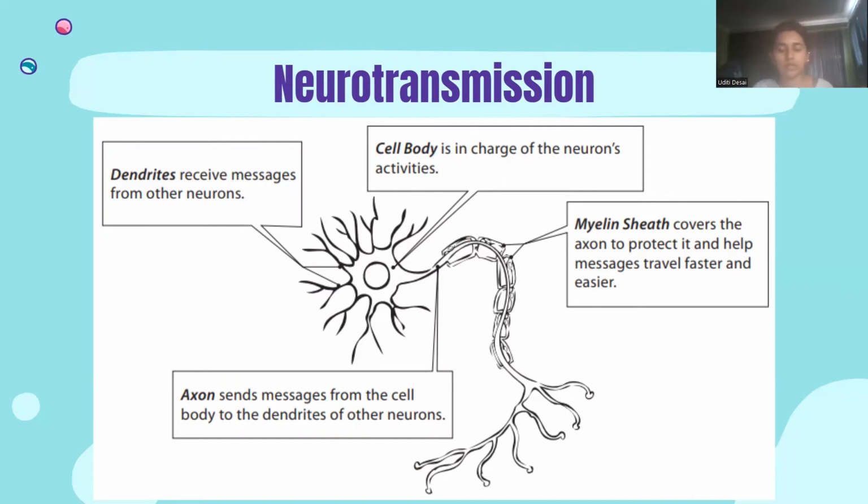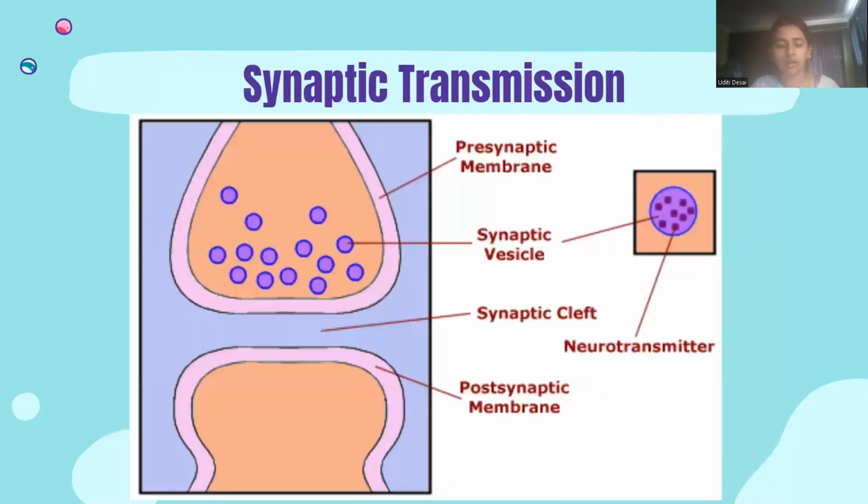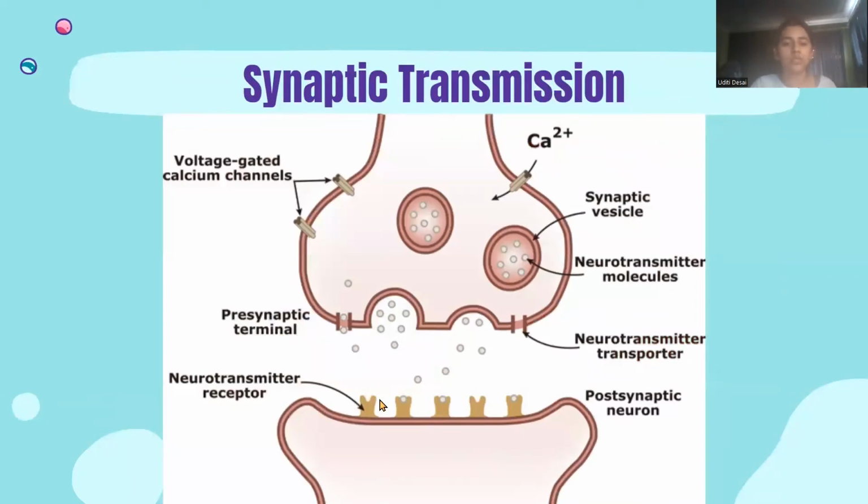And so the message causes the chemicals, which are the neurotransmitters, to be released from the presynaptic neuron into the synaptic cleft, and they attach to receptors of the postsynaptic neuron.